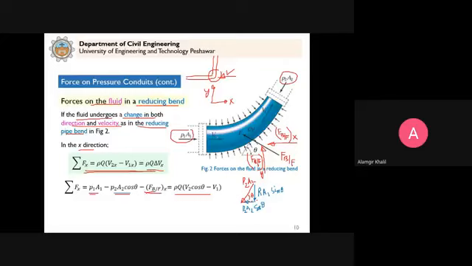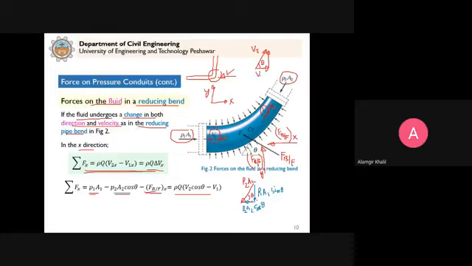And this will be equal to the rate of change of momentum in the x direction. So V1, this is your V1, it is acting in this x direction here. But you can see that V2, it is also making an angle of theta. This is V2. So it also has two components. One is this component, one is this component. It makes this as theta.